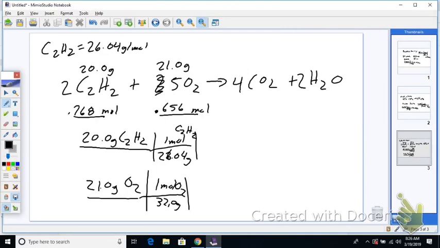Okay. So I think most of you probably realize which one's limiting, right? By looking at that, can you tell which one's going to run out? Oxygen. Okay, yeah, oxygen. Because it makes sense, if we have 2 moles of C2H2 and we got 5 moles of O2, it needs almost 2.5 times this amount right here. It doesn't even come close.